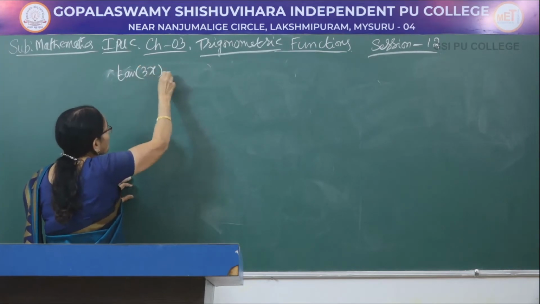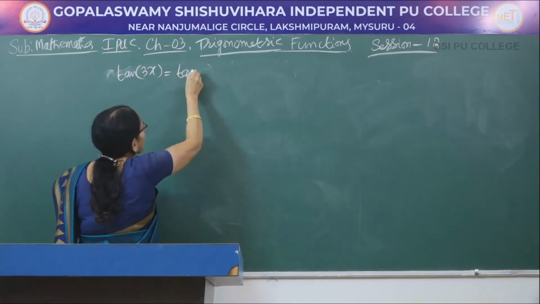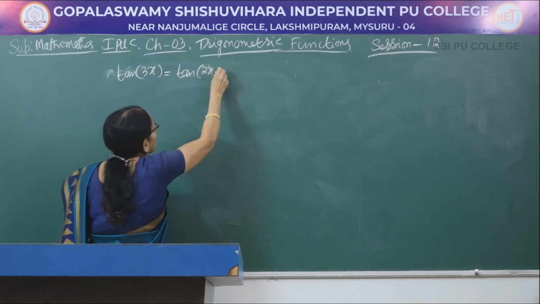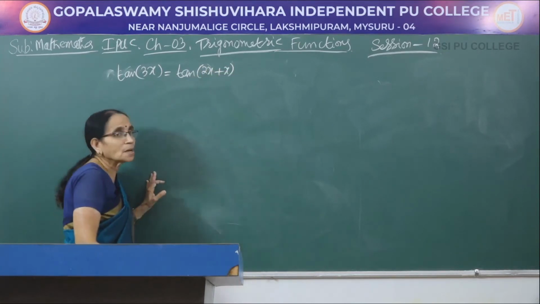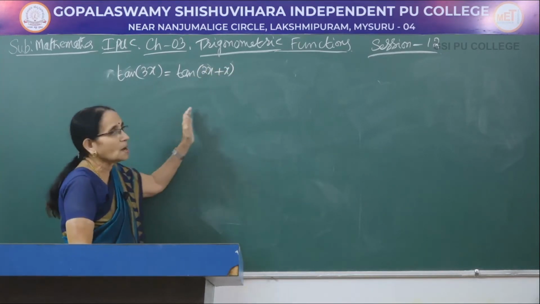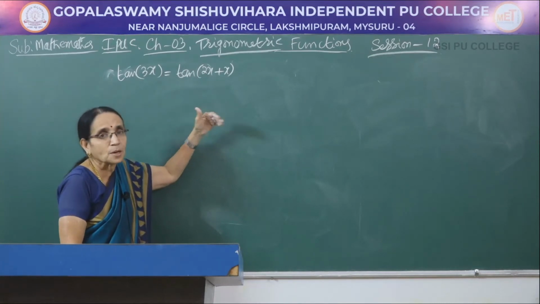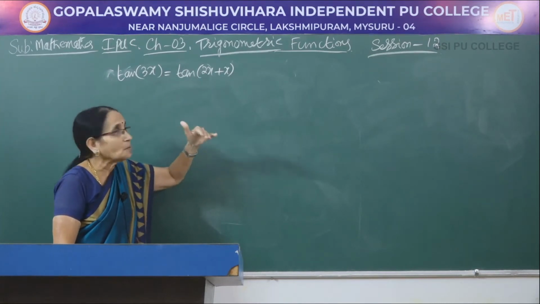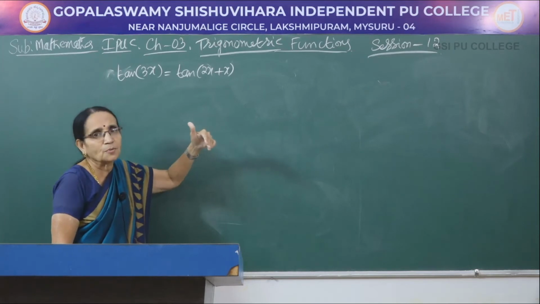Tan of 3x can be written as tan of 2x plus 1x. Here you have to be careful because we are having tan of x plus y formula, which is in the form of a rational function.